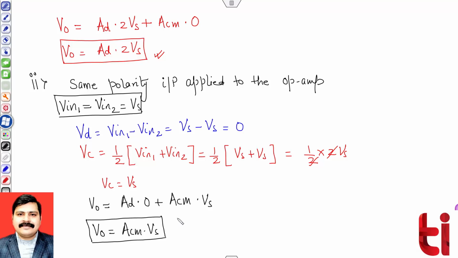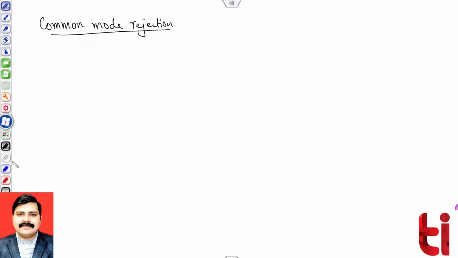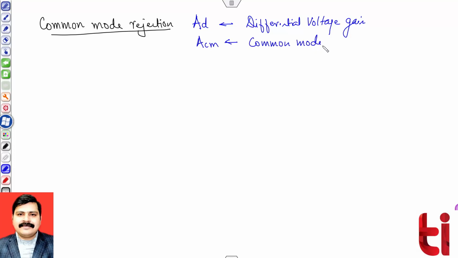Now, in order to understand the meaning of common mode rejection ratio, we have to determine these two components first, AD and ACM. So first, which we have discussed, AD, that is my differential voltage gain, and ACM, common mode voltage gain.